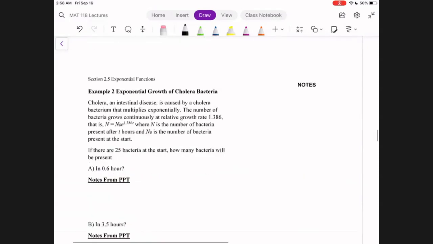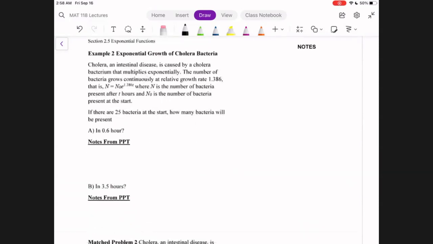They have an example of some bacteria here. Let me see if you have one of these on your homework, or if we should modify the problem to match your MyLab. So on your MyLab, right, you do have one.